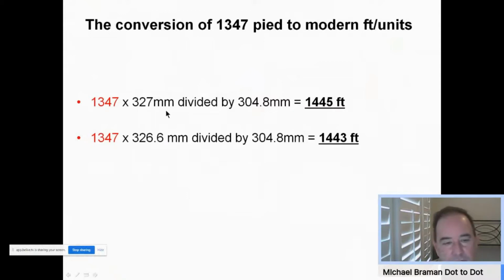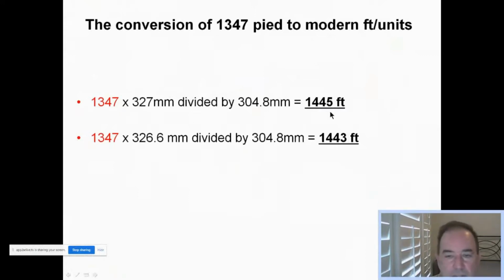Now I have 327 millimeters because when you convert this number, you get 1443. If you use 327, you get 1445. So it's right in the middle of the length doubled of Nolan's cross.